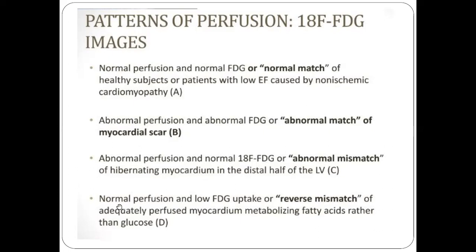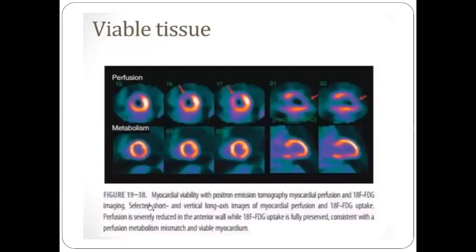It can also be normal perfusion and low FDG uptake, a reverse mismatch of adequately perfused myocardium metabolizing fatty acid rather than glucose. So the myocardium is not using glucose but is using fatty acids, so it will not take up F18 FDG, and there will be low FDG uptake whereas normal perfusion is maintained.